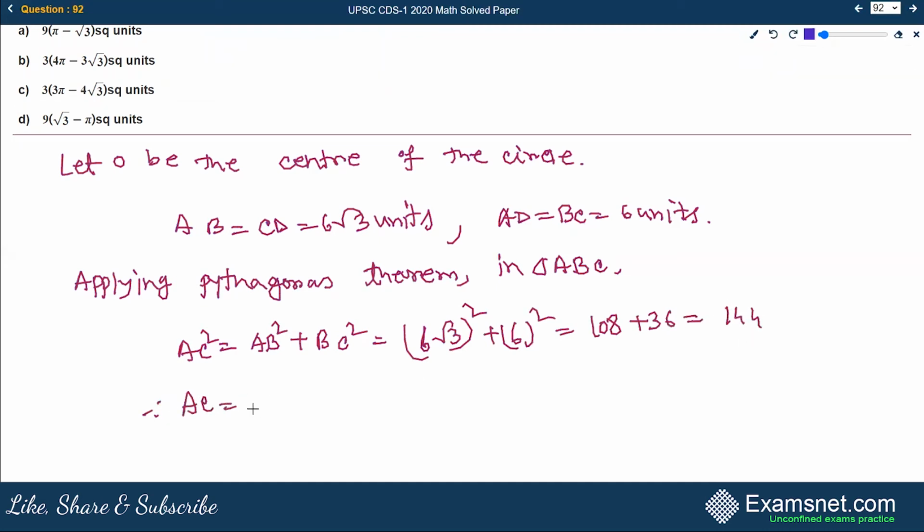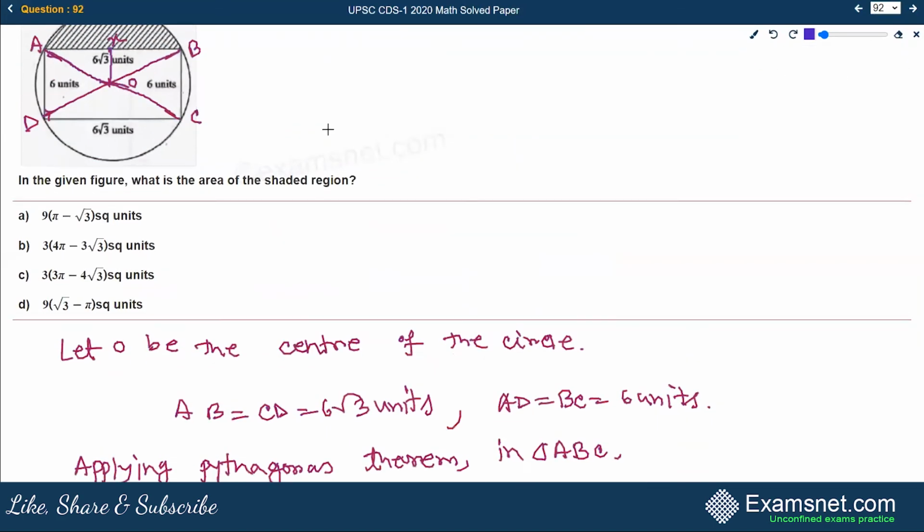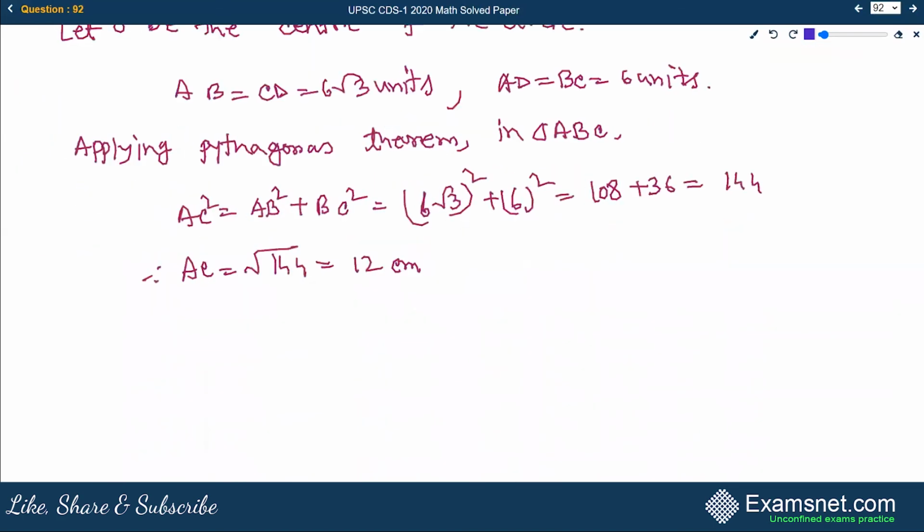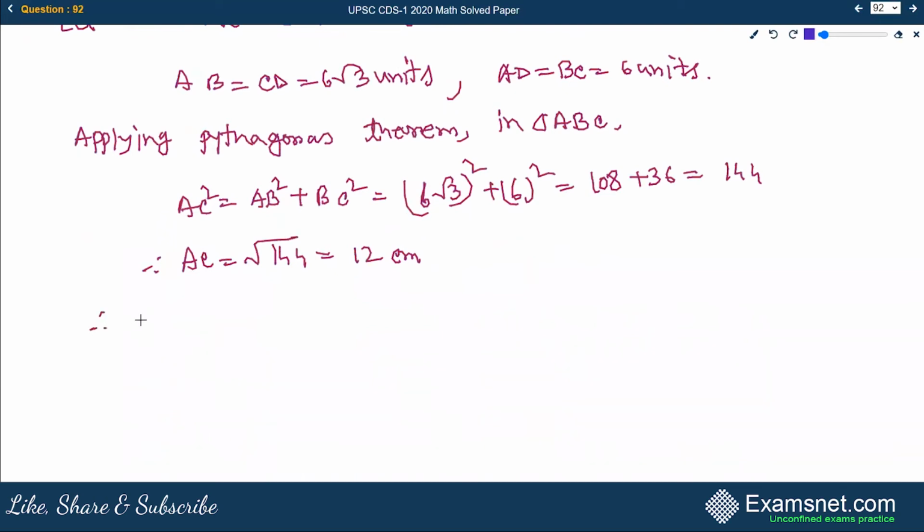Therefore, AC equals root under 144, 12 centimeter. Now AC is the diameter of the circle. Therefore, radius of the circle, that is OA, is half of the diameter.